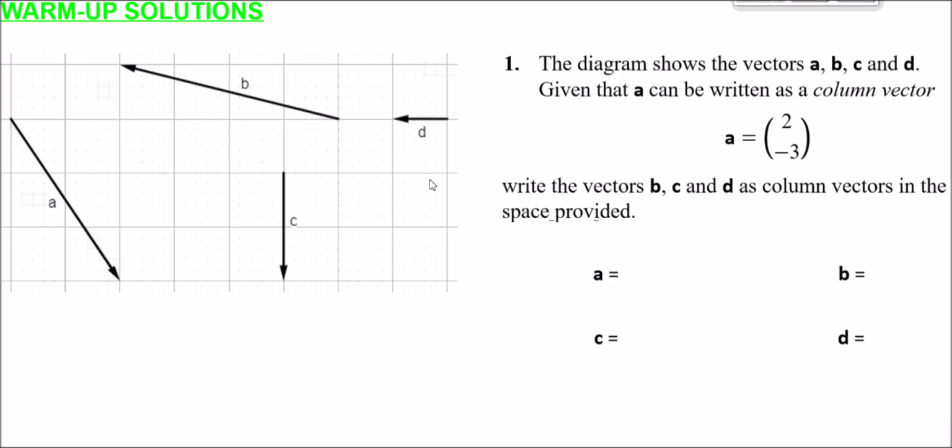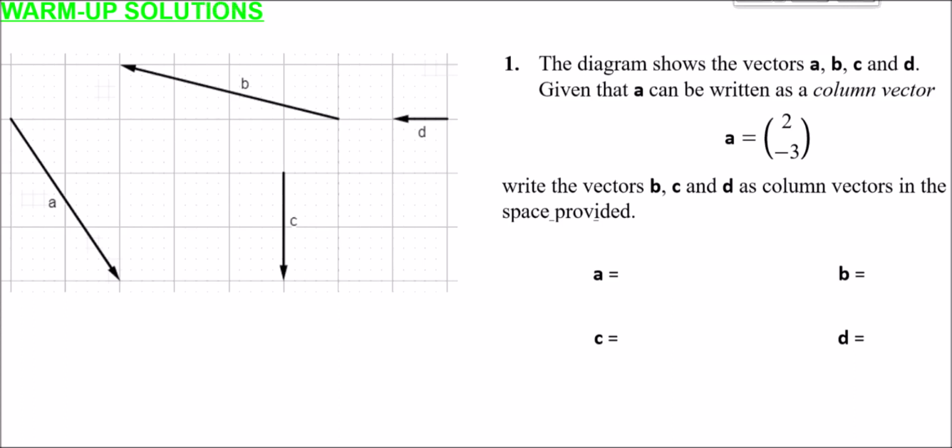Question 1 says we have a diagram showing the vectors a, b, c and d, and given that a can be written as a column vector (2, minus 3), write the vectors b, c and d as column vectors in the space provided. For this one, what we need to consider is the scale of this diagram.